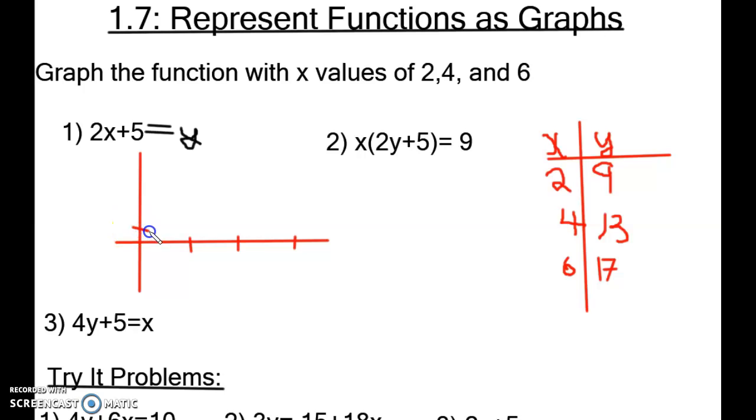So let's say that's 4, 8, 12, 16, and finally 20.